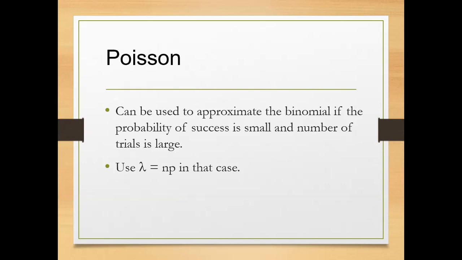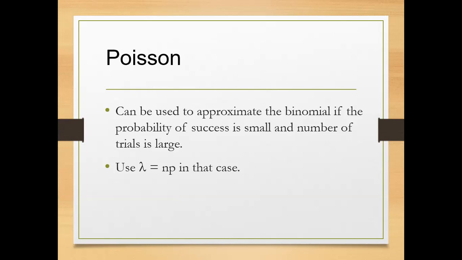You guys saw what we were doing. I had to write all those sums, and it was crazy. Now the Poisson also has sums, but it also has some fairly nice approximations that are automatically available to us that the binomial doesn't have.